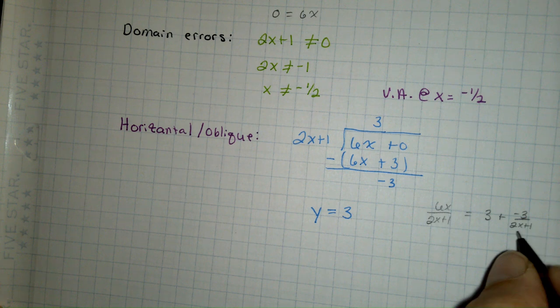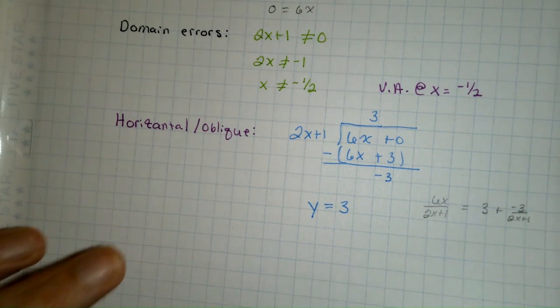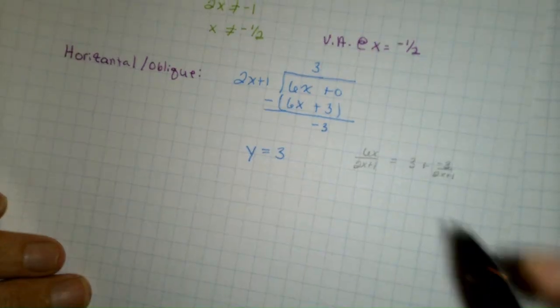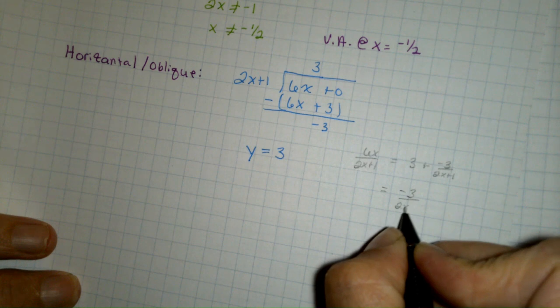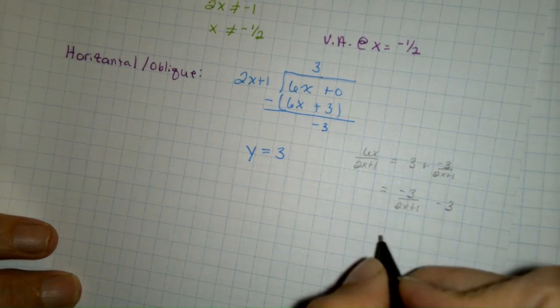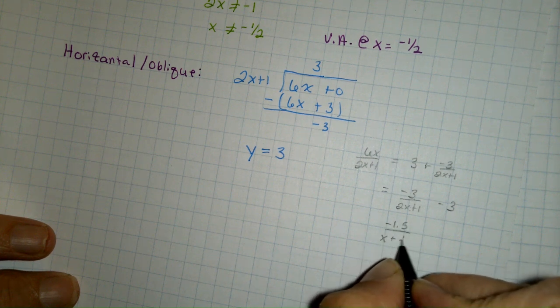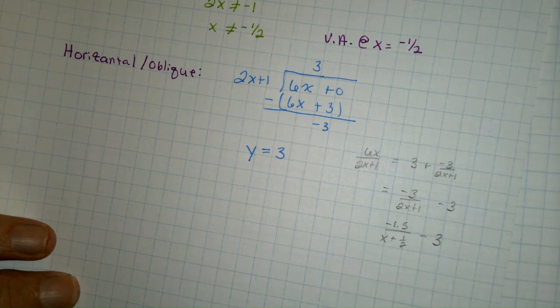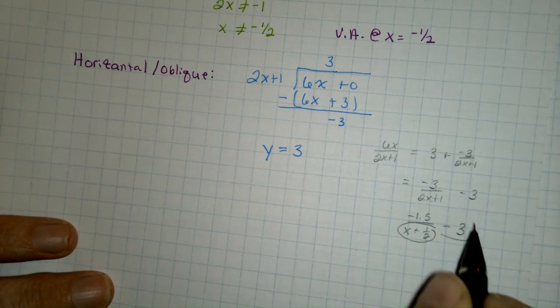We can actually see an HK shift if I play with the writing a little bit more. Let me make this -3 over 2x plus 1 minus 3. I'm going to divide top and bottom by 2. Now we can see our HK shift of left 1/2, down 3.